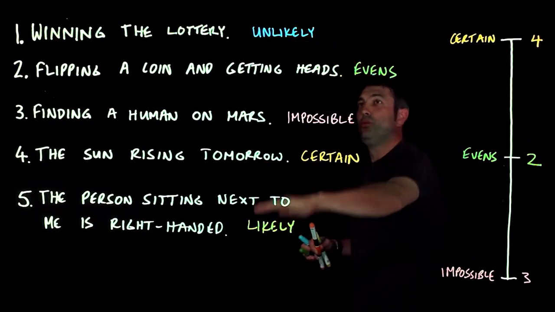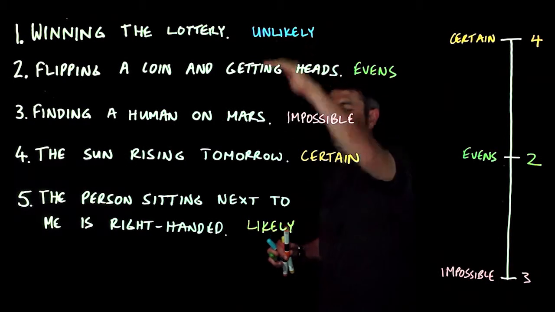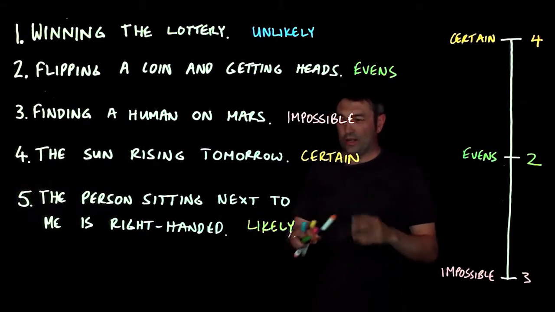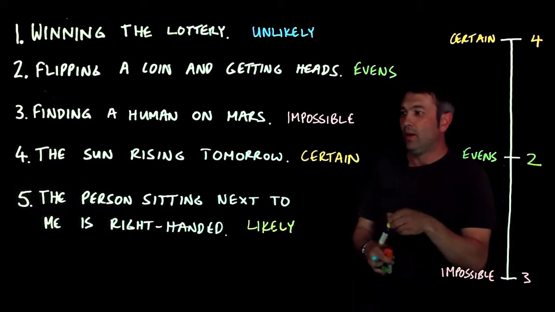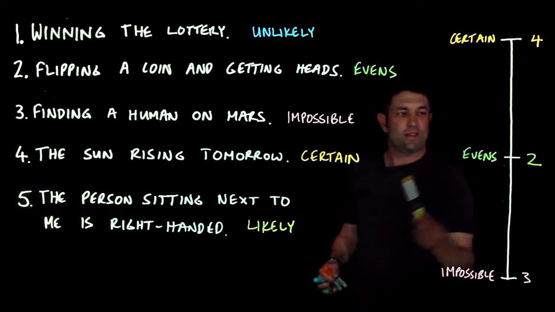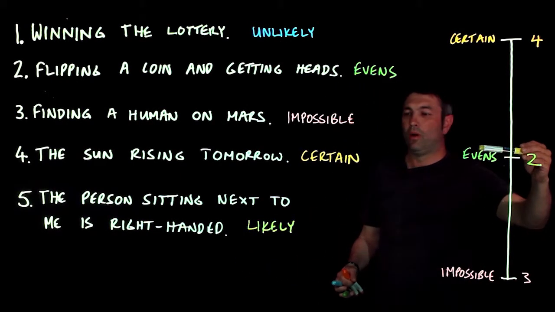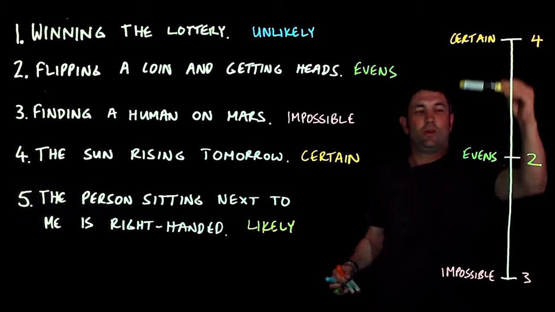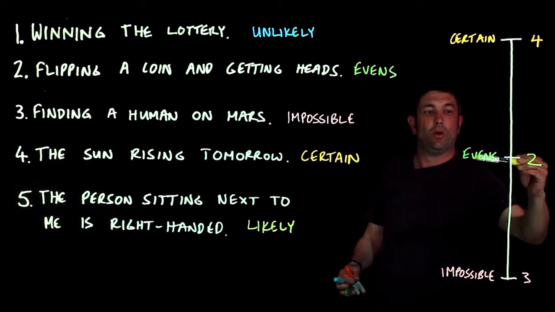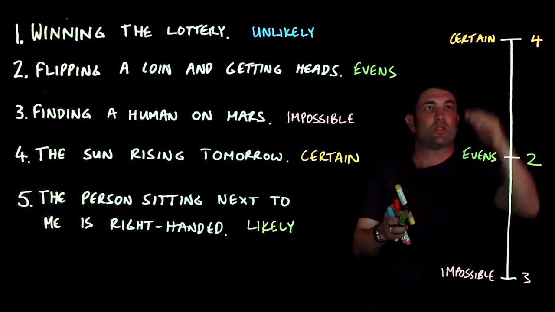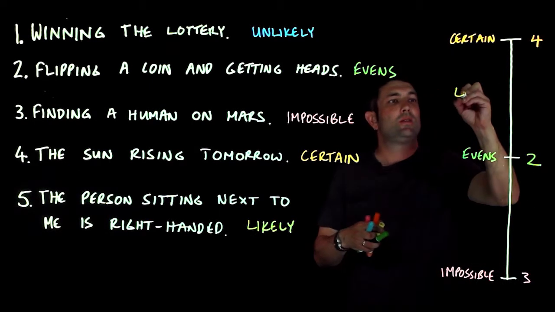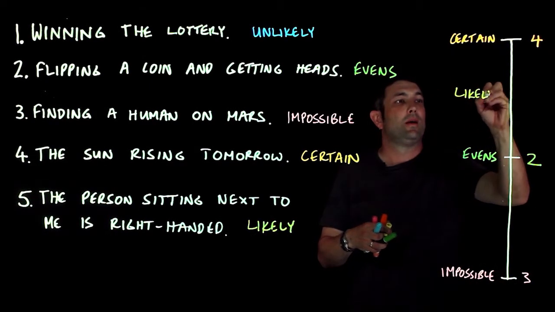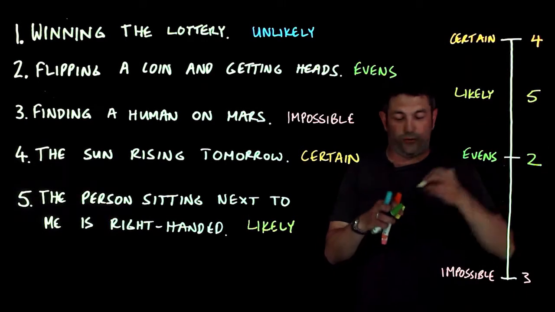Right, I've just got 2 more left. I've got winning the lottery, and I've got the person sitting next to me is right-handed. Now, the person sitting next to me being right-handed is better than half. So it's going to be closer to certain than it is to impossible, and it's better than half. So it's got to be in here somewhere. So this has got to be likely in here, event 5.